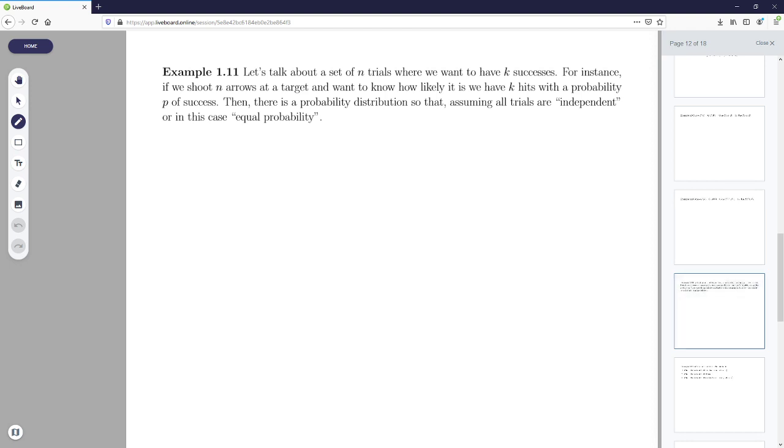Let's say that we have a set of n trials where we want to have k successes. Let's talk about what this means. When we say n trials, we generally mean that there are n independent trials.